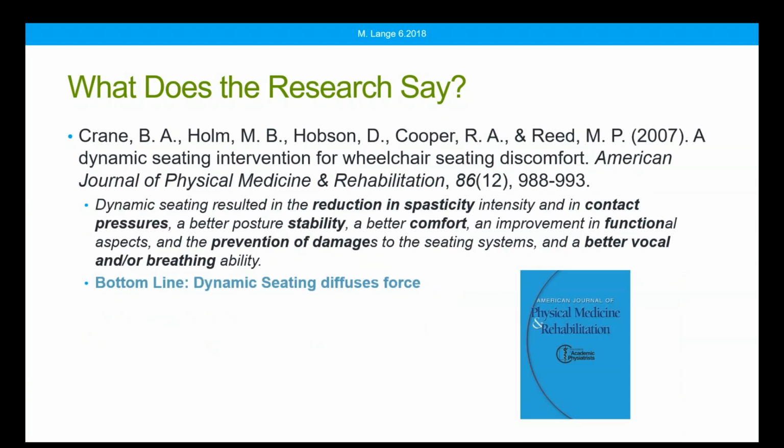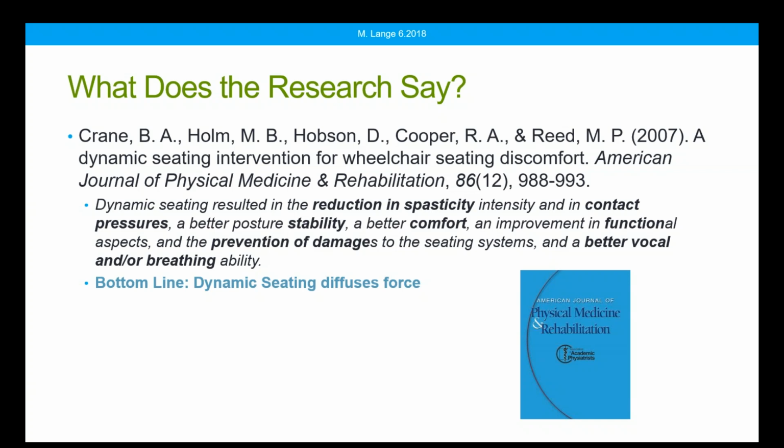Barb Crane and a group of folks, Roy Cooper, Doug Hobson, over at University of Pittsburgh back in 2007, also did some research about dynamic seating. They were specifically looking at whether this made a difference in terms of comfort. But they did find that dynamic seating resulted in the reduction in spasticity. So again, we're diffusing force.